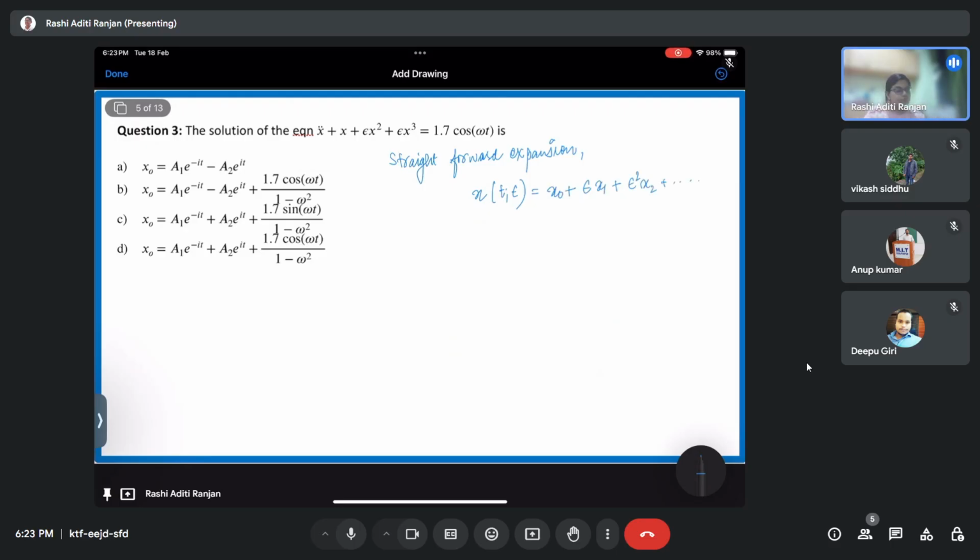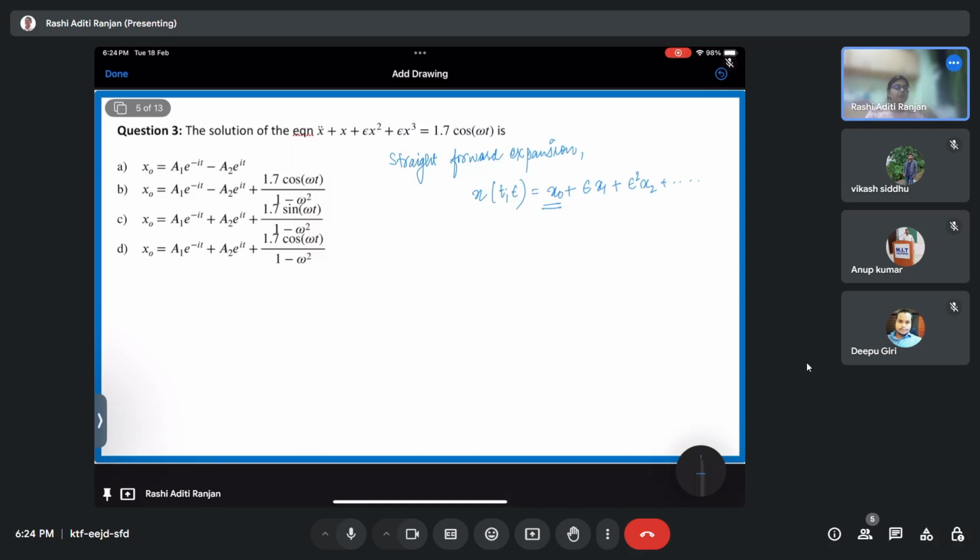Okay, so this is the first term. And if you see in the options, we have the option only for the first term, which is x naught, right? So we need not go till finding the approximate analytical solution. The question is just asking me the solution for x naught.